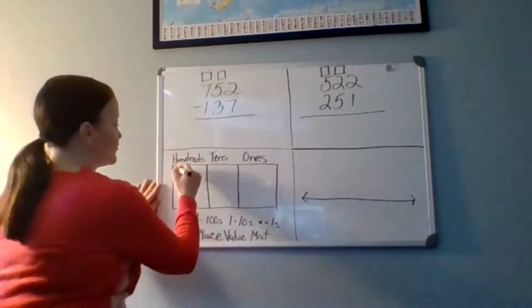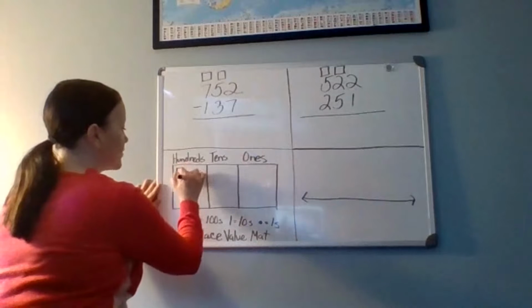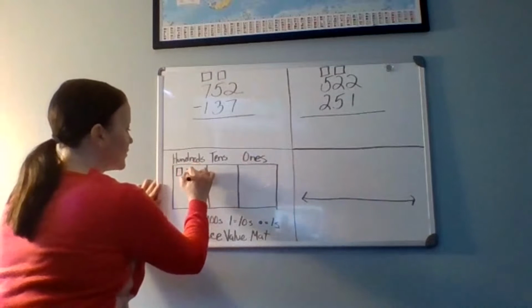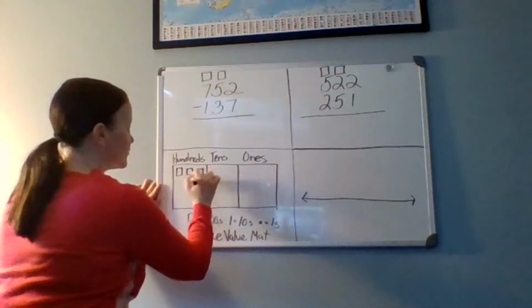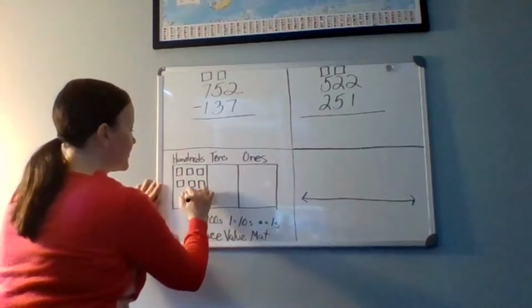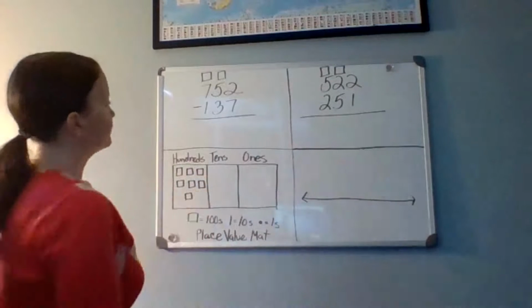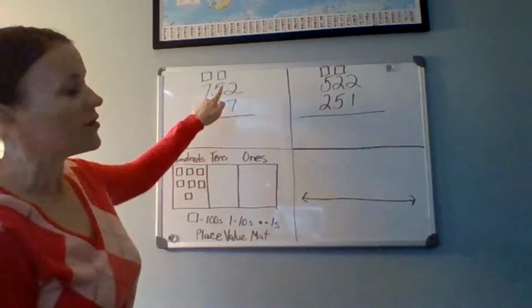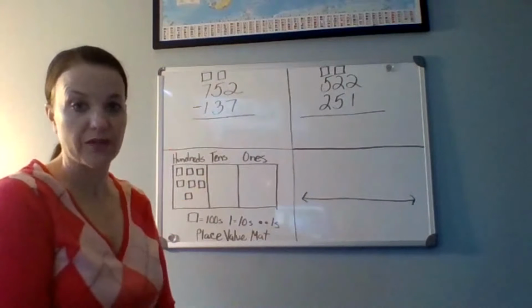All right, so I have 700s. And that's 100, 200, 300, 400, 500, 600, and 700. Now I'm going to draw 50 on my place value mat.